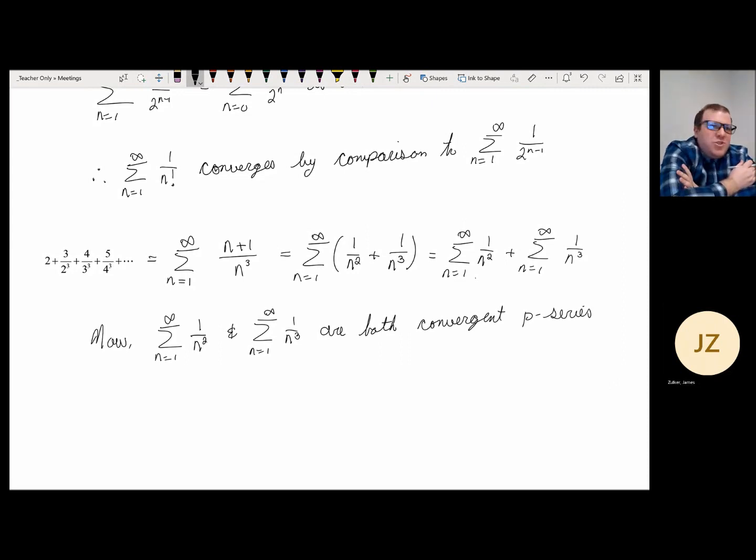Both series are convergent. So we wrote our series as the sum of two convergent series. So the series has to converge.